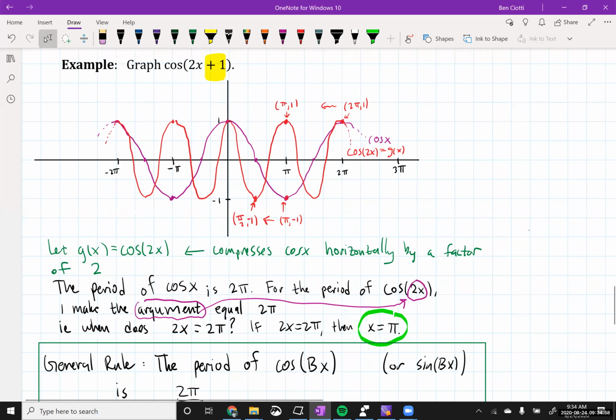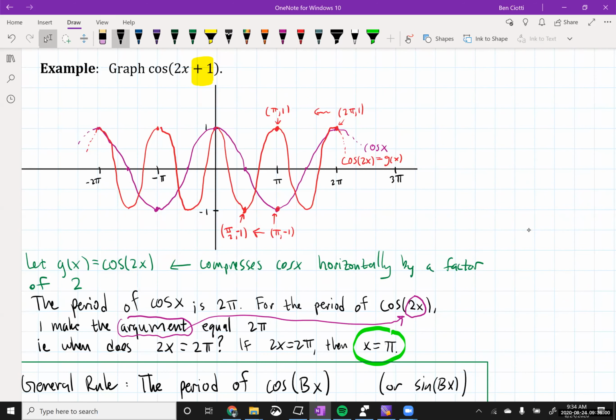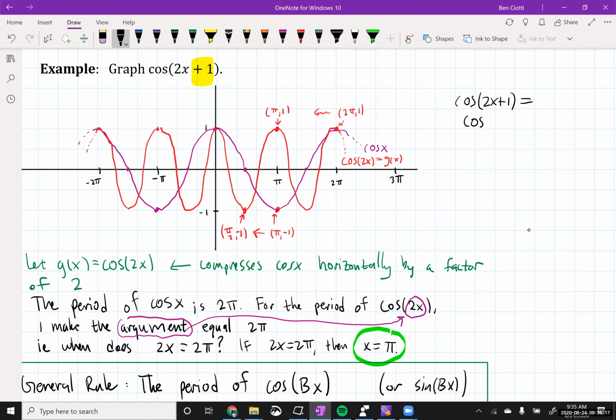So cos of 2x plus 1 is, here's a common trick that you might have seen in some of these transformation problems, you factor out the 2. So you write that as cos of 2 times x plus a half.